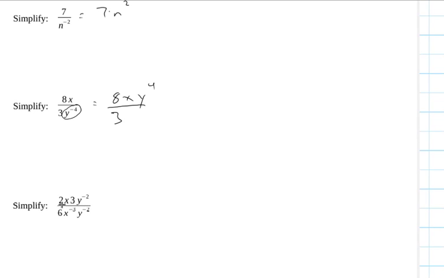On this one, there's a bunch of numbers floating around. 2x cubed, y to the negative 2 over 6x to the negative 3, y to the negative 2. All right, so if we wanted to deal with this one, you can do your laws of exponents as long as you see a law of exponents that can be applied.